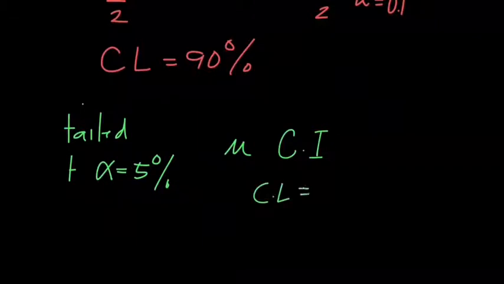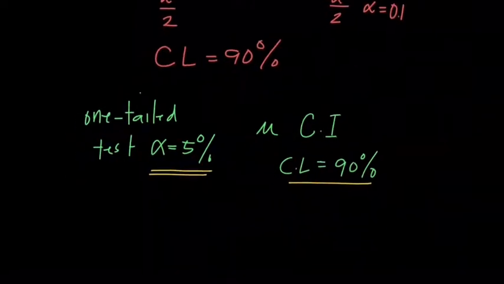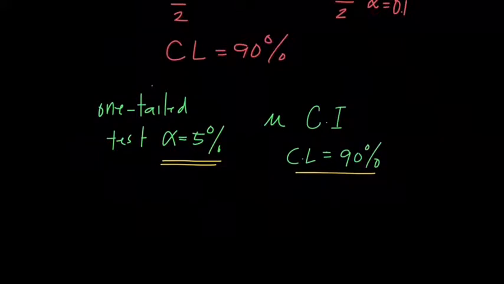of equal to 90%. And if you remember in the two-tailed test, we said that the alpha and the confidence level must total to 100%. But this is different because we are starting with a one-tailed test.